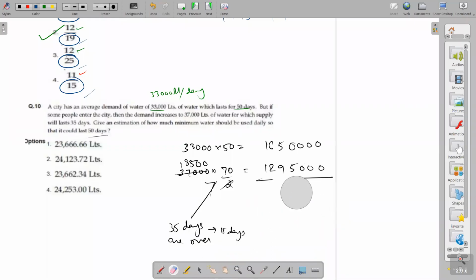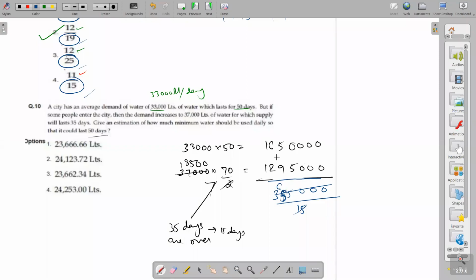This is 5345. 15, 5 6 is 30, 355. Yes, 5 6 is 30 and 5 is remaining. I have messed it up over here. Let me do this again. Now 355 and now it is correct.